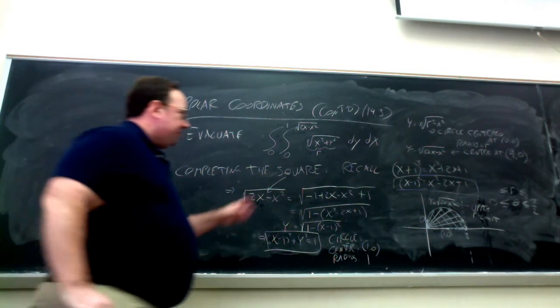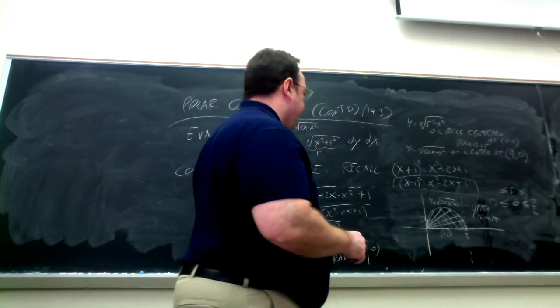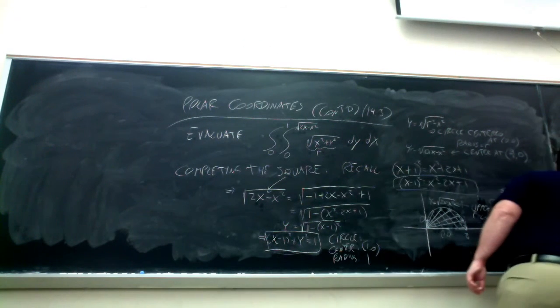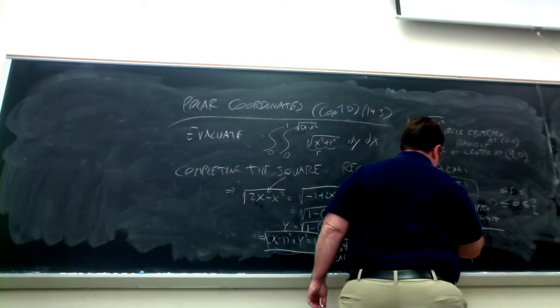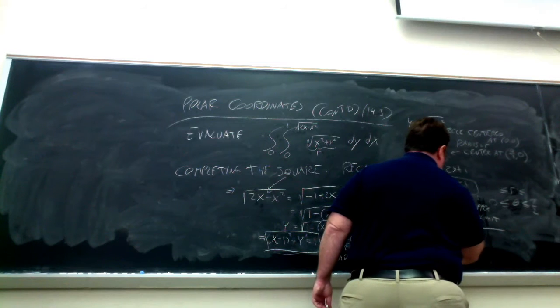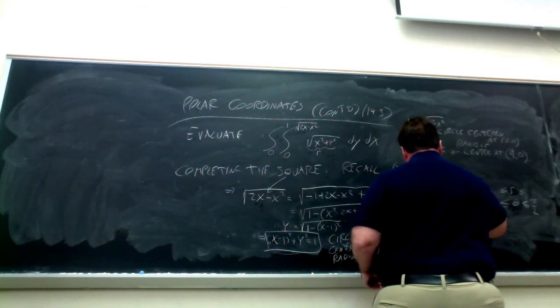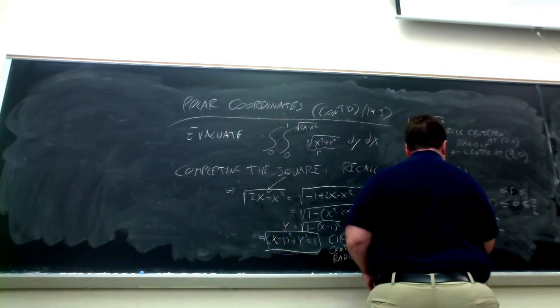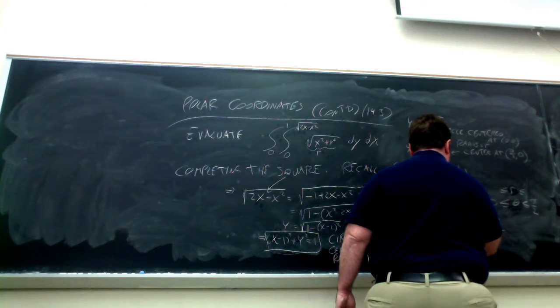Now, let's see how this affects the picture. Everything else I've written on this board, pretty much the same. But now I need to adjust my picture. So I have my same circle as before, center at 1, 0.